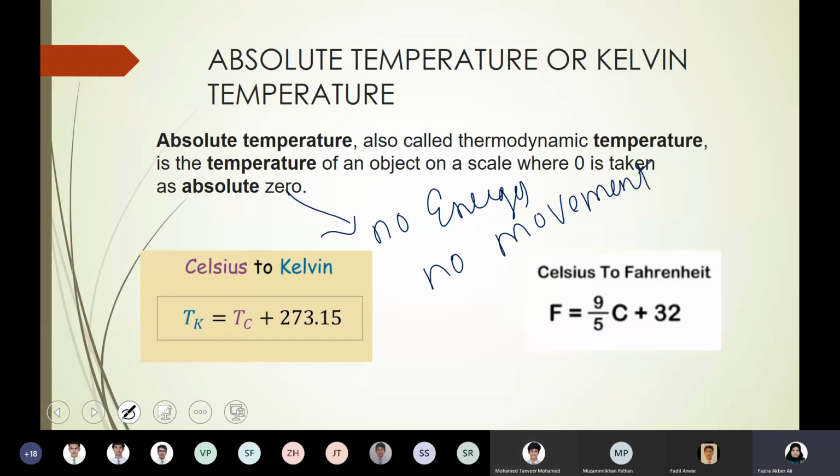There are different scales coming under absolute temperature. Kelvin scale is one among them, which we are commonly using. Don't misunderstand that Kelvin scale is the only scale. There are some others, I think something with Rankine, I don't remember, but that is not commonly used. Kelvin scale is the commonly used absolute temperature scale.